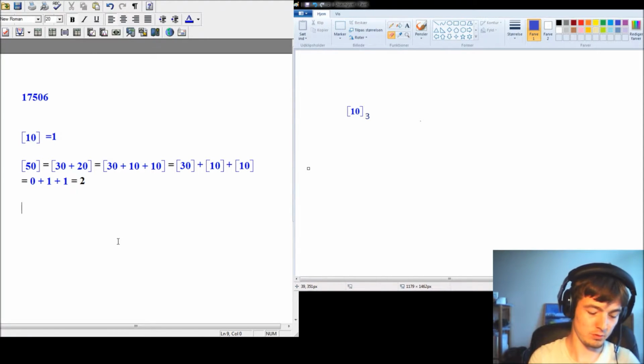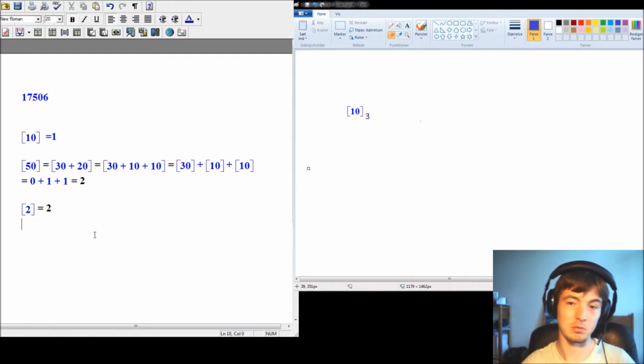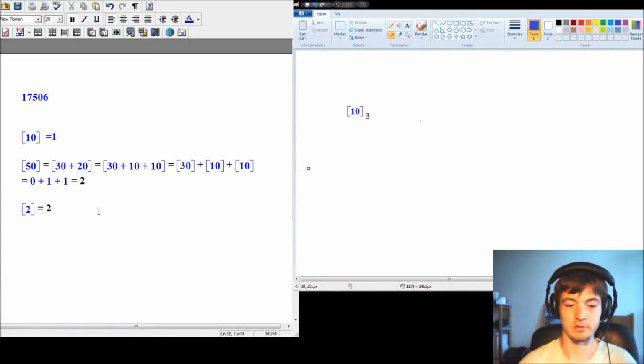I guess I should note that when I'm taking 2 modulo 3, that's just 2, plain and simple. You can't divide 2 by 3 any times, and then there's 2 left over. That's all there is to it.